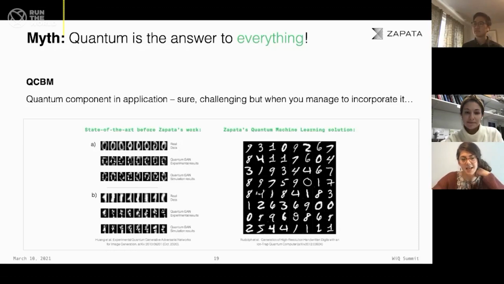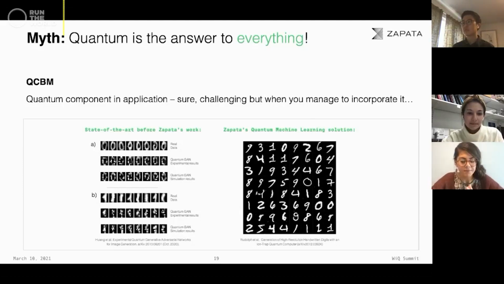Here the problem is trying to generate images, similar to what Kaitlin was saying about the generation of faces with generative models. But instead of generating faces, we were focusing on generating handwritten digits. This is a well-known and widely studied data set for generative models.